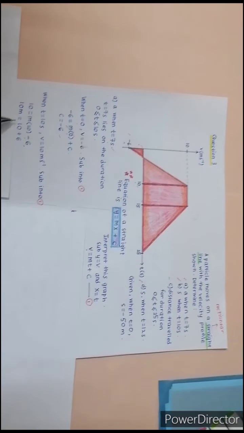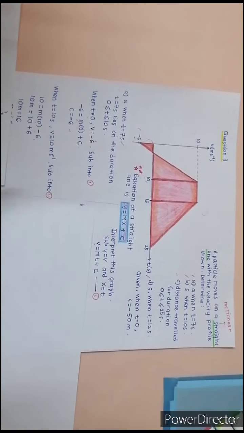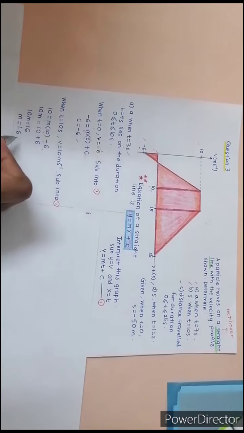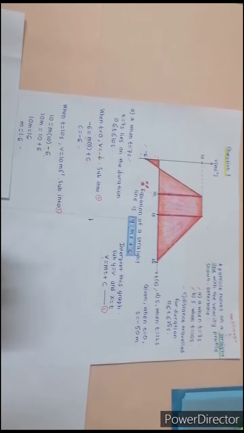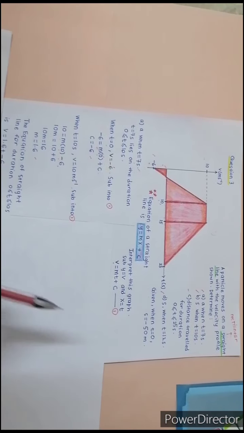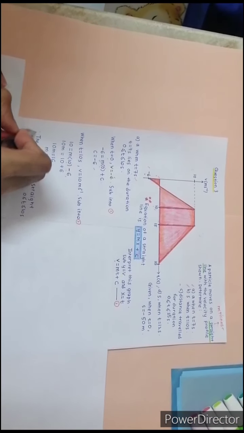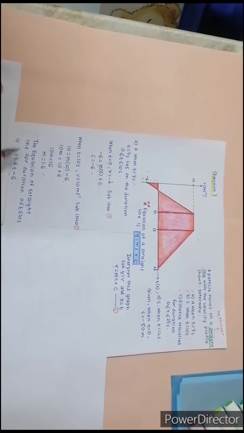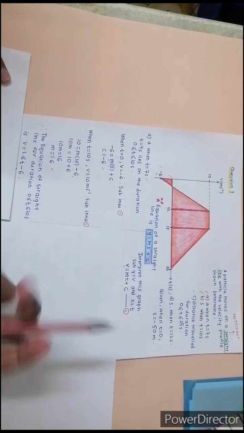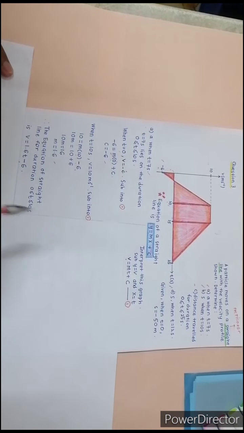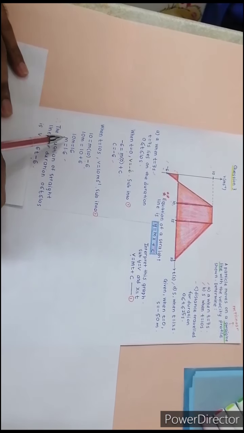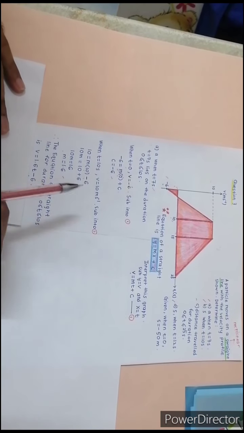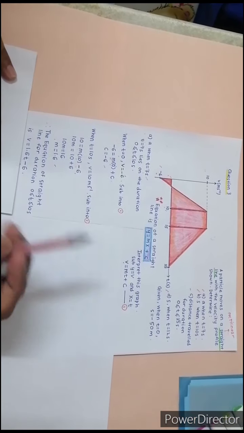So 10m equals 10 plus 6, and we end up with m equals 1.6. Therefore the equation of the straight line for the duration 0 to 10 seconds will be v equals 1.6t minus 6. We substitute the gradient m and also c equals negative 6.